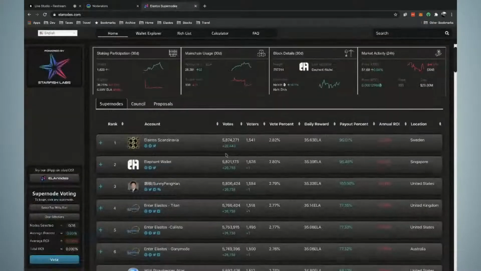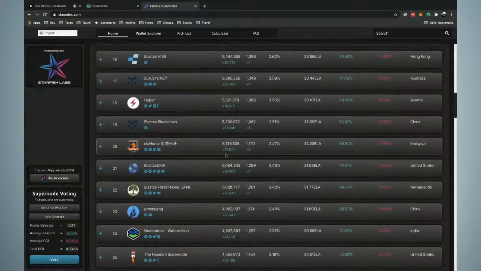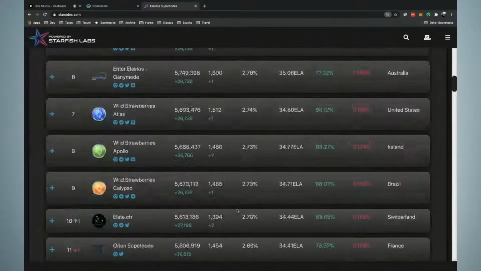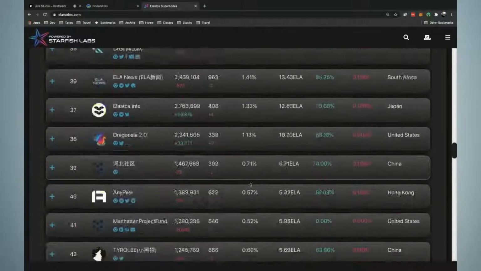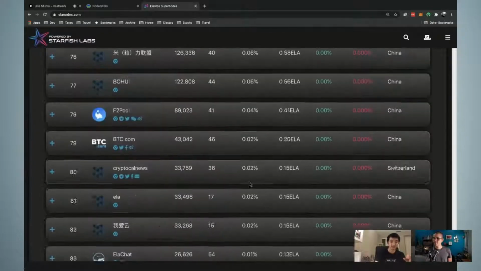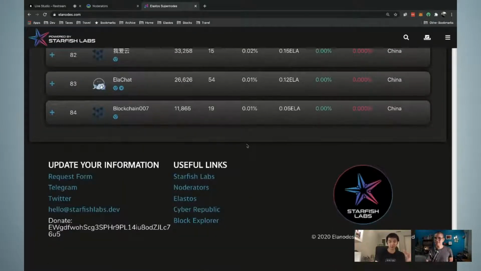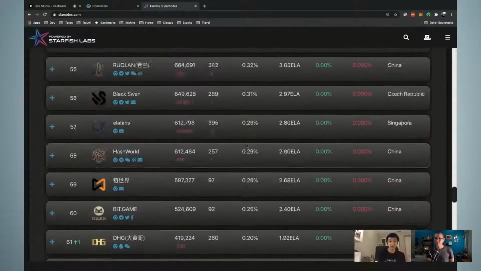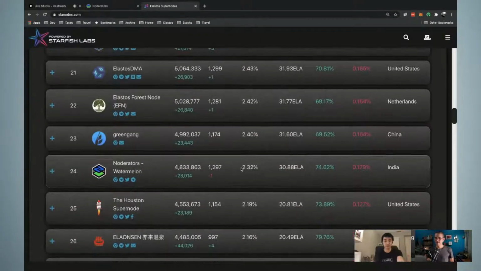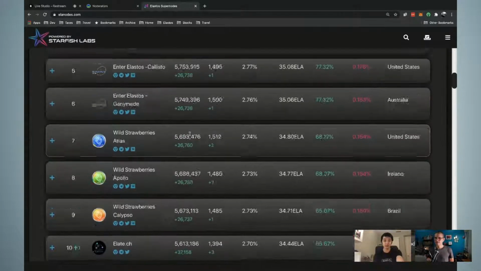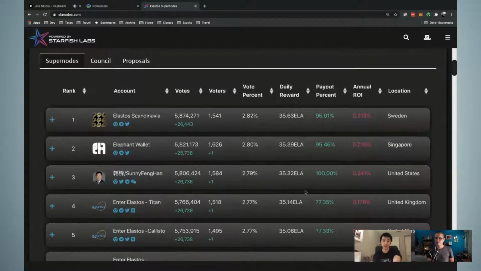We also have a super node network, about 84 nodes that form the DPoS network. So we vote for these, and you can see that they're voted, and then they actually pay back to people who vote.